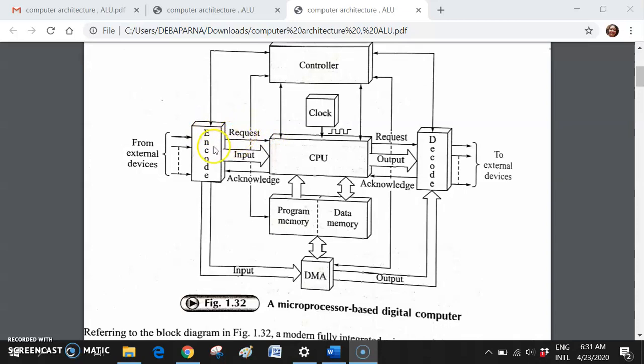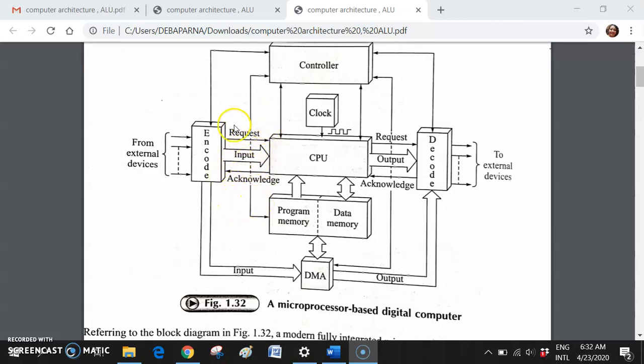Here, parallel data is being generated. Now you have to convert it into serial data. If you use a multiplexer here, different pins coming in carry the streams of zeros and ones from the different devices: device 1, device 2, device 3 and device n.